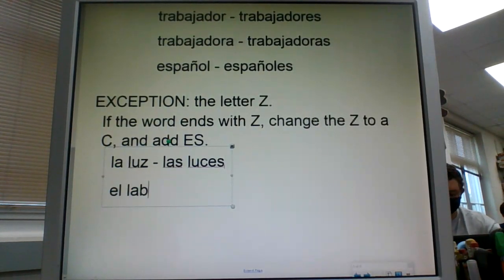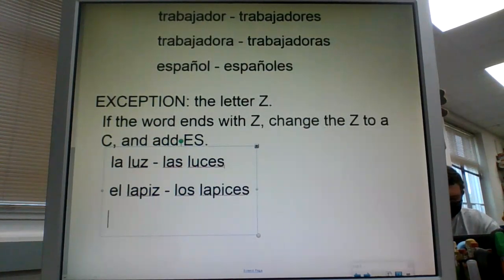El lápiz, the pencil, goes to los lápices. Let's go with the fish. El pez, los peces.